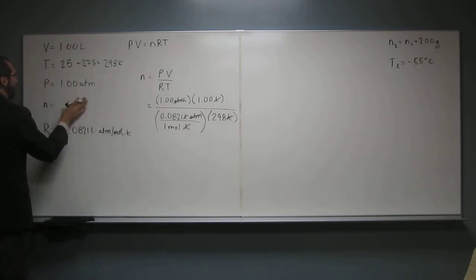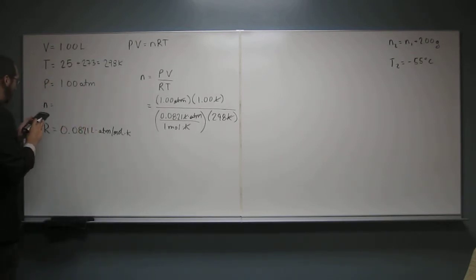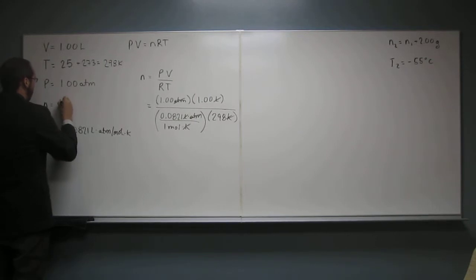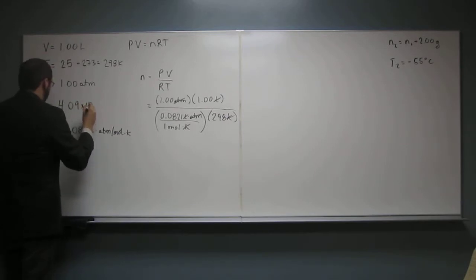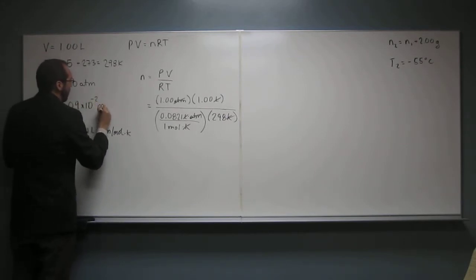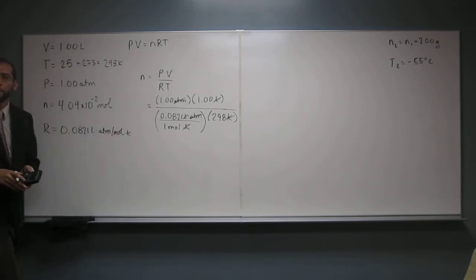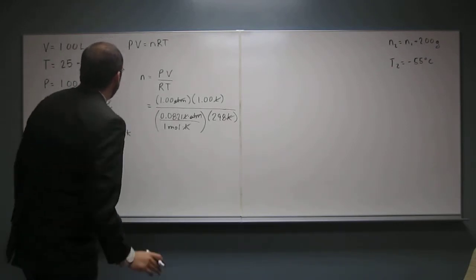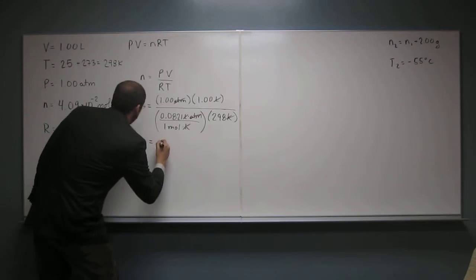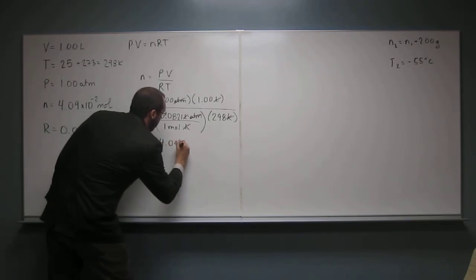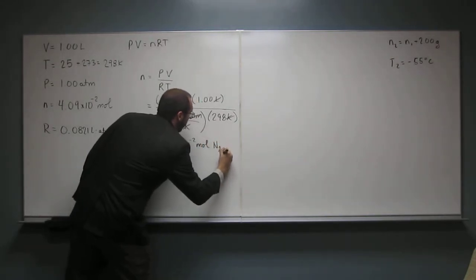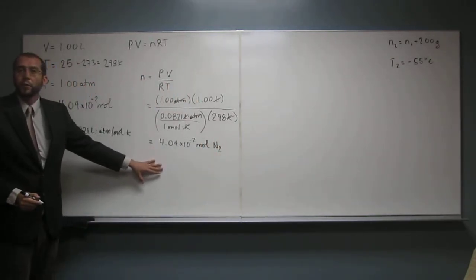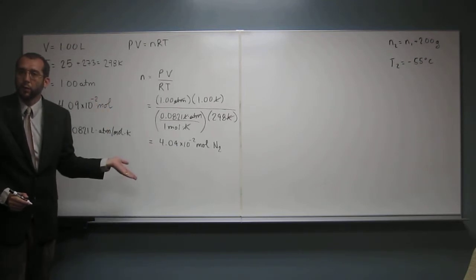The number of moles we get is 4.09 times 10 to the negative 2 moles, okay? So that's how many moles of nitrogen gas we had to begin with.